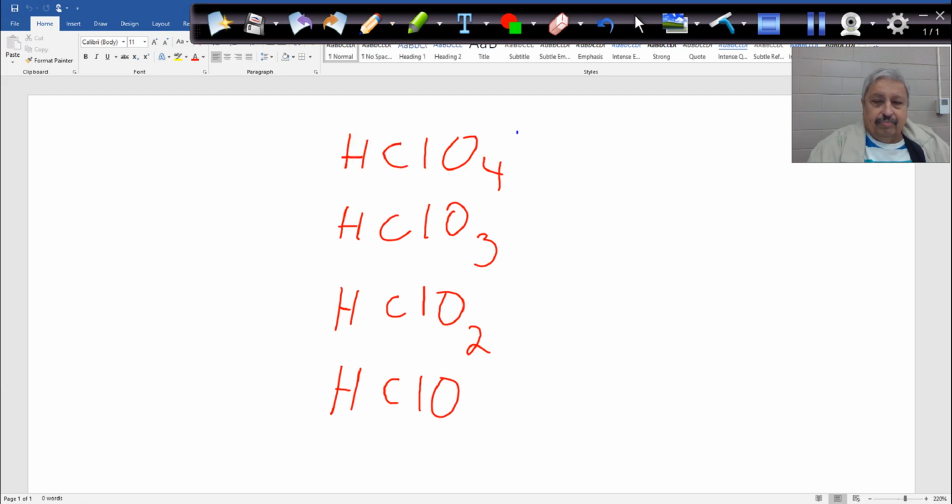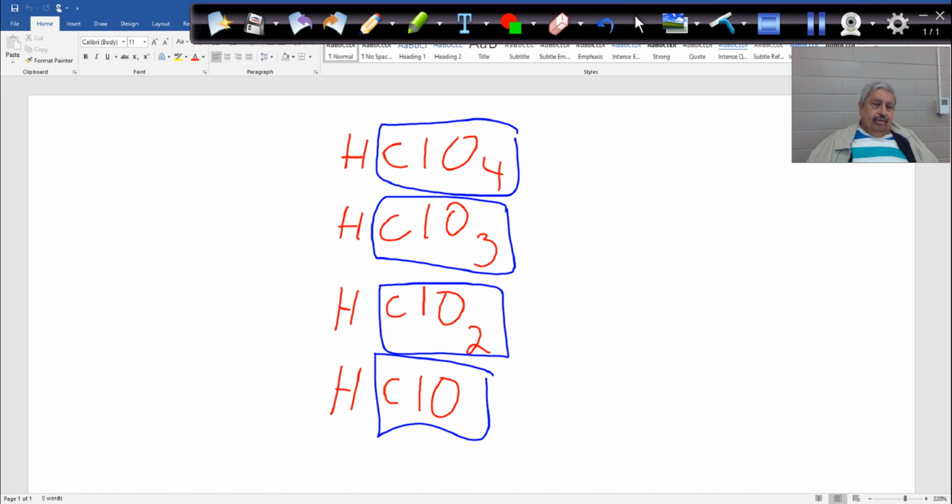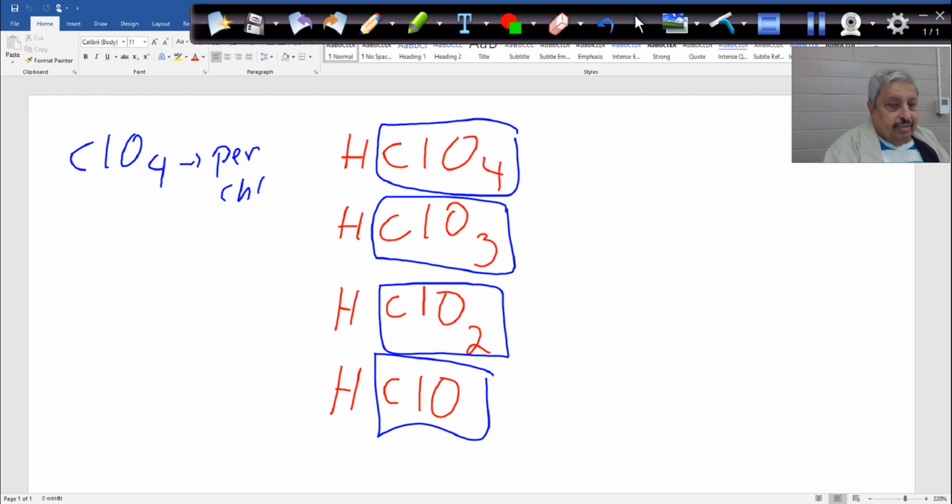And those are the polyatomic groups or ions. It turns out that to name those compounds, you really have to know these polyatomic ions. So this one here is called, one word, perchlorate. Perchlorate.